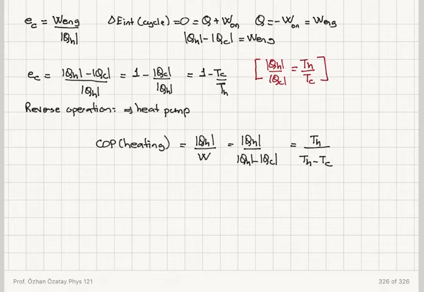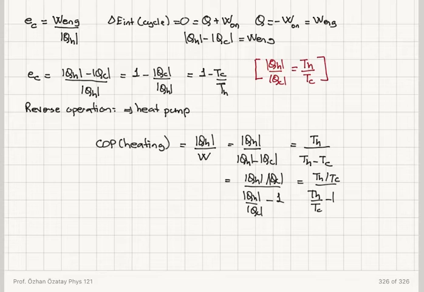And how can I do this? Because this is QH over QC divided by QH over QC minus 1, so it is TH over TC divided by TH over TC minus 1. So this will be equal to TH over TC times TC over TH minus TC, and I will get the same answer.